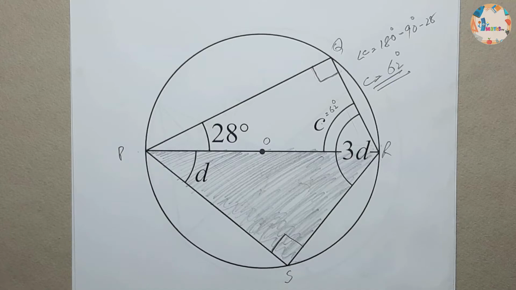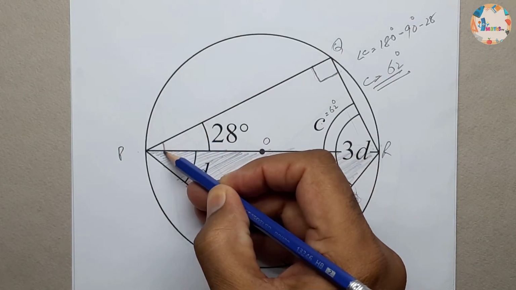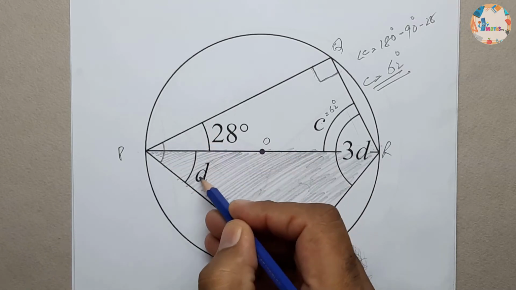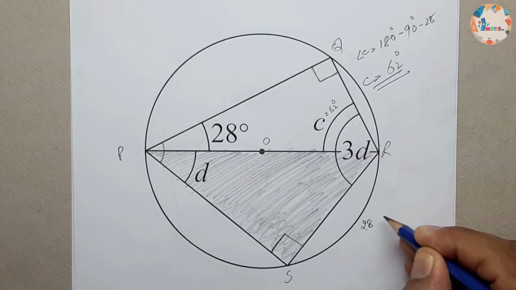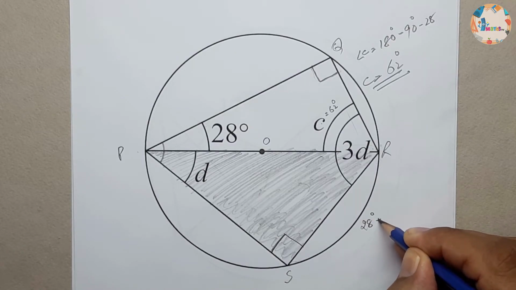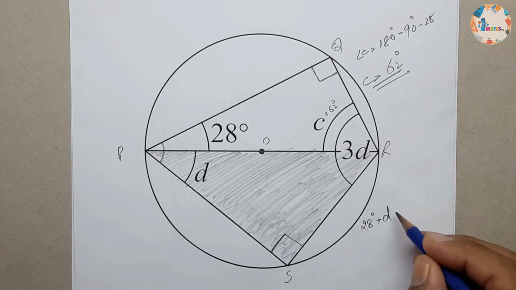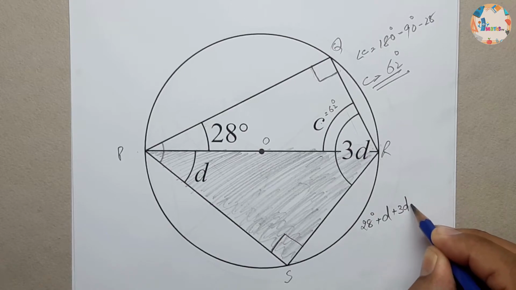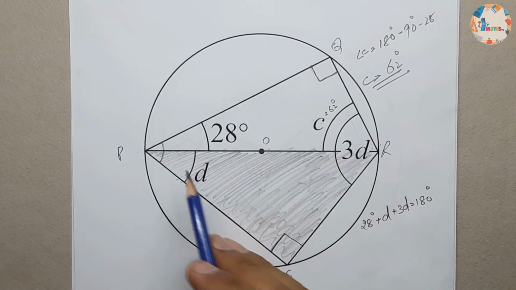So in this case, this complete angle, which is 28 degrees plus D, and this complete angle, which is 3D, add up to 180 degrees. This will be our equation by this rule.